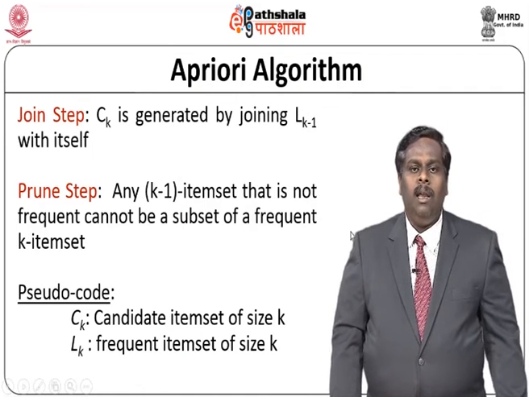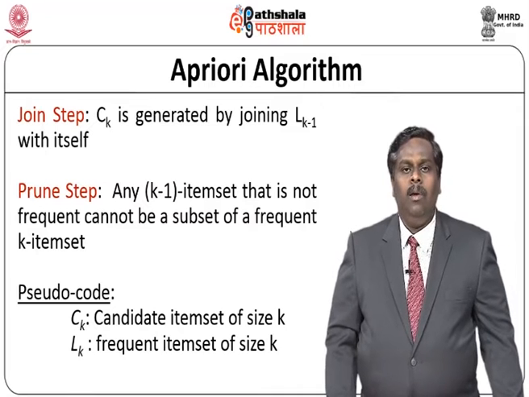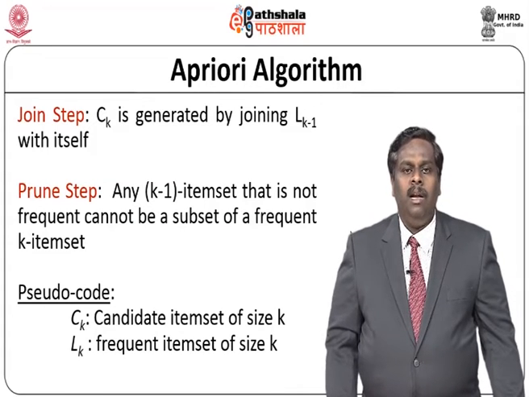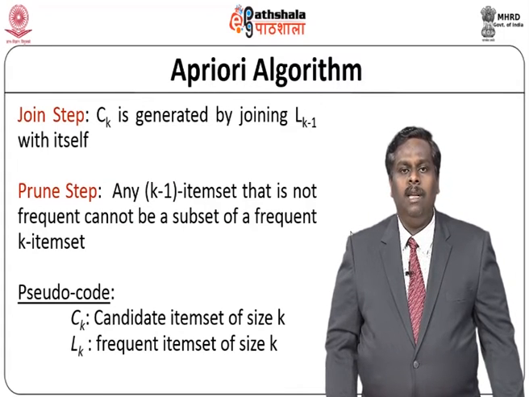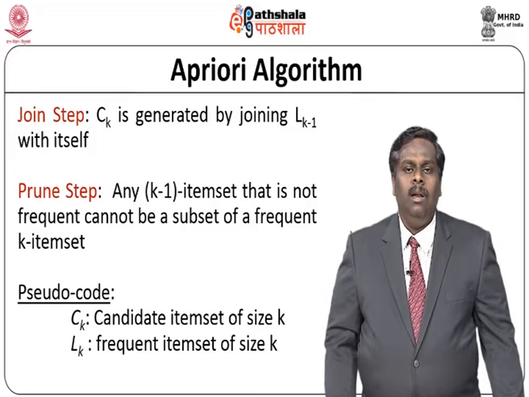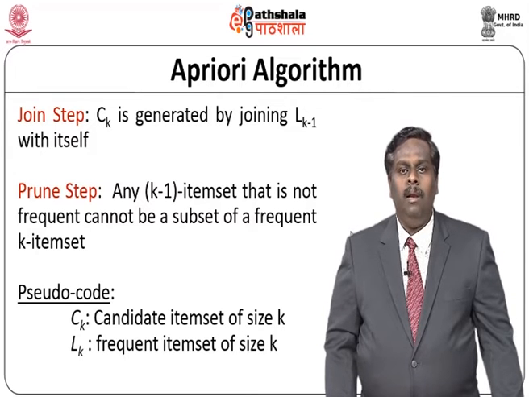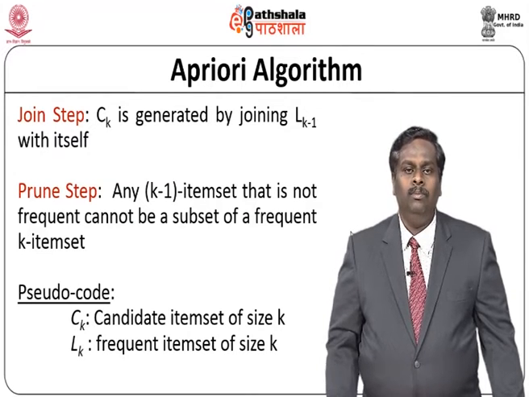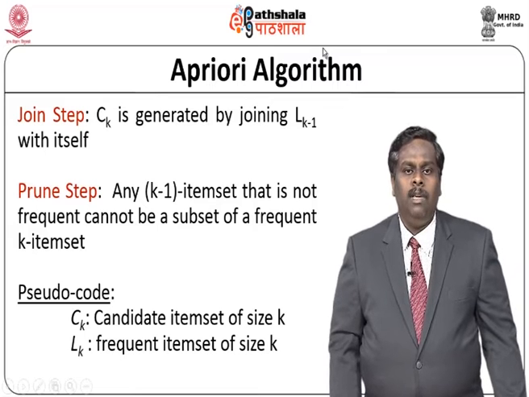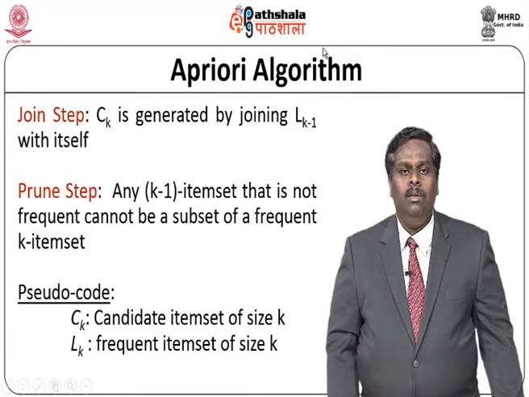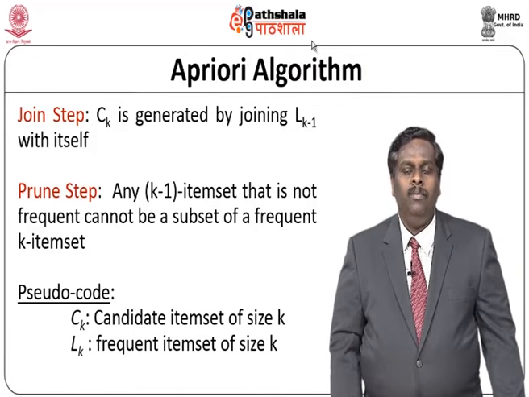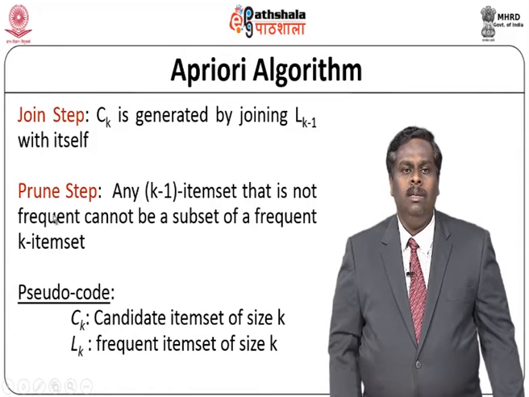Now, let us once again recollect the steps involved in the apriori algorithm, and after understanding the steps, let us take an example and understand how frequent item sets may be identified using the apriori algorithm. There are two phases involved in the apriori algorithm. Phase 1 is the join phase and phase 2 is the prune phase. This we discussed in the previous session, therefore I will not explain it in detail, but I will give you an overview.